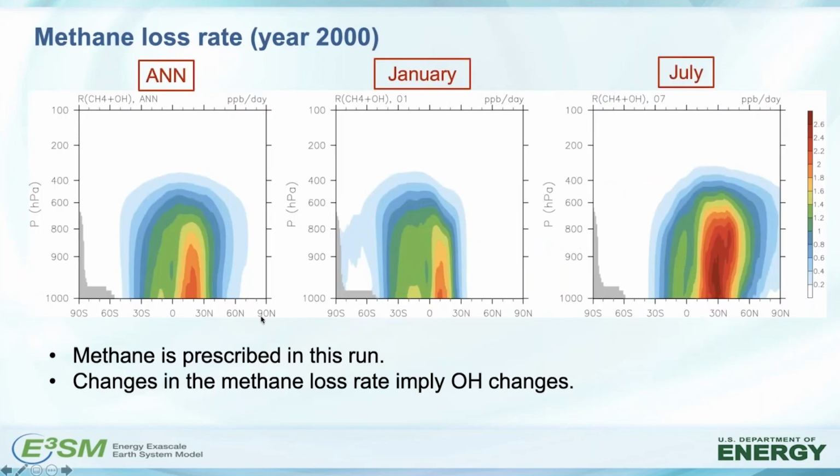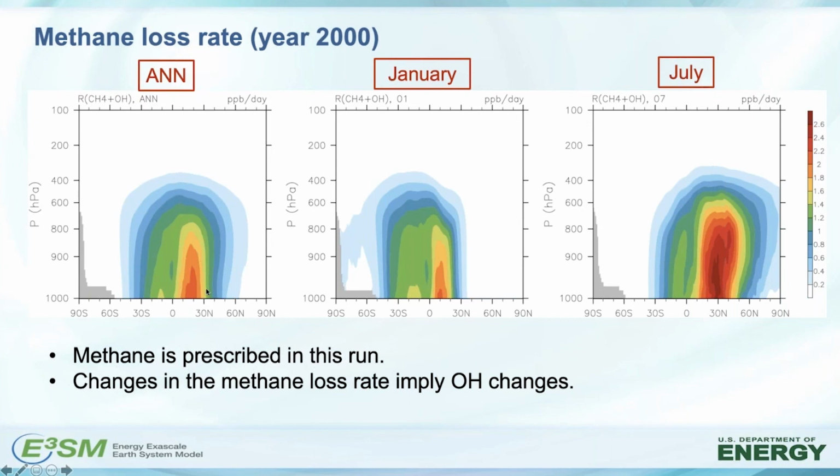So then we move to the methane loss rate. Showing here is the loss rate for year 2000, plotted by annual, January and July means for the methane loss.